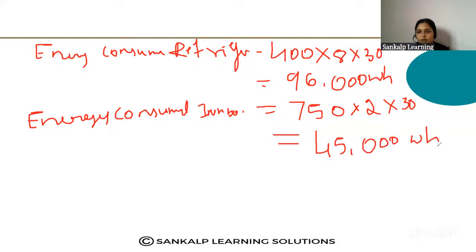So you have to calculate the total by adding these two. I will give it as 1 and 2. By adding these two, just add 96,000 plus 45,000.